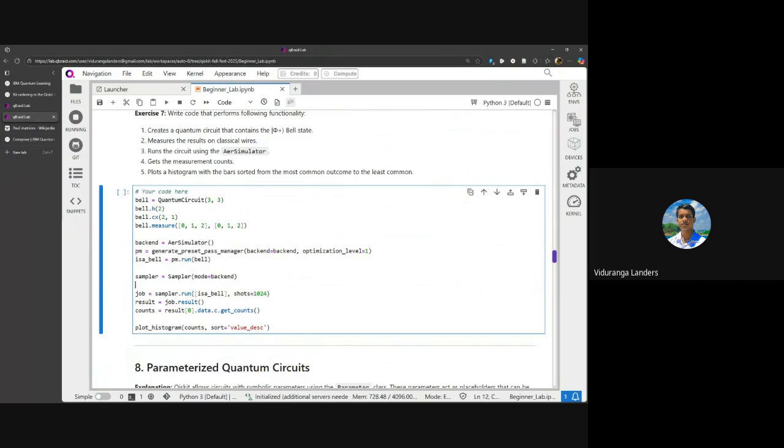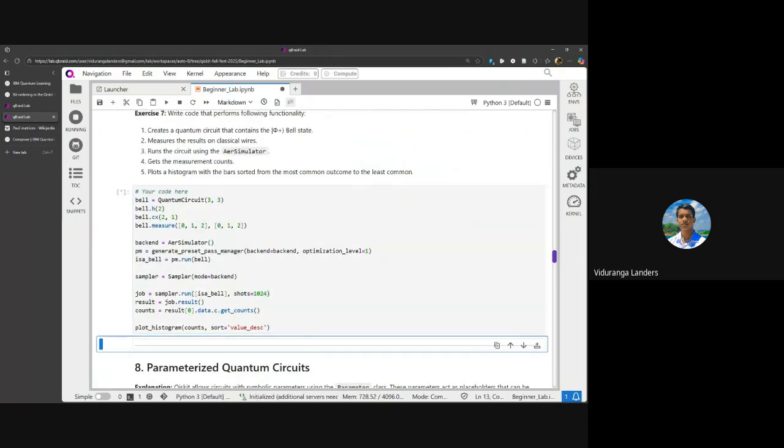This is basically what your backend is. You can have an actual quantum hardware here, but here we are using the Aer simulator. You could have another simulator like the state vector simulator or anything like that. But the Aer simulator is best for most beginners because you can have a more realistic feeling of using a quantum computer, because it is not going to give you the exact probabilities.